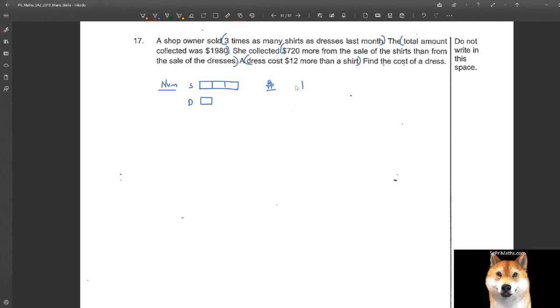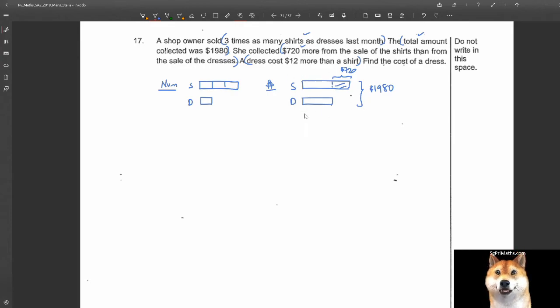From the sales, the shirt has more than the dress by $720, which is from here. Then the total amount is $1,980. Okay, so we use this, and we use this.